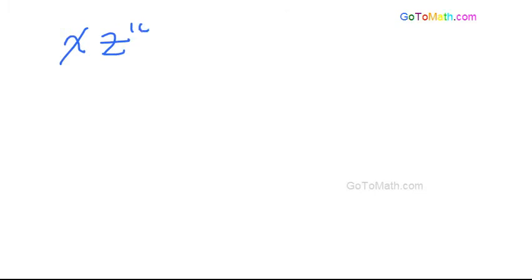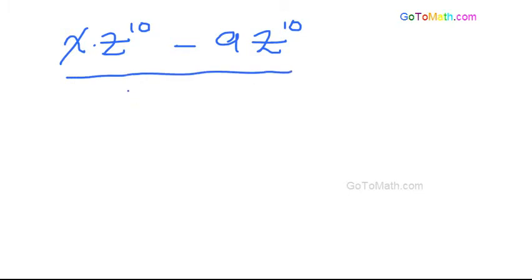xz to the 10th. That's x times z, by the way. Minus 9z to the 10th, and that is all over xz to the 4th minus 9z to the fourth.